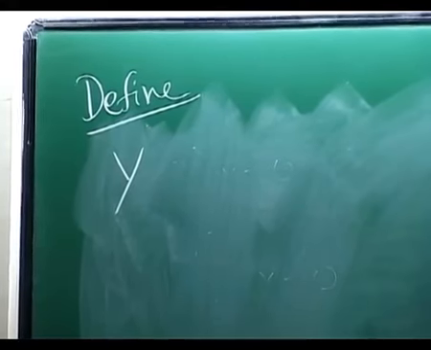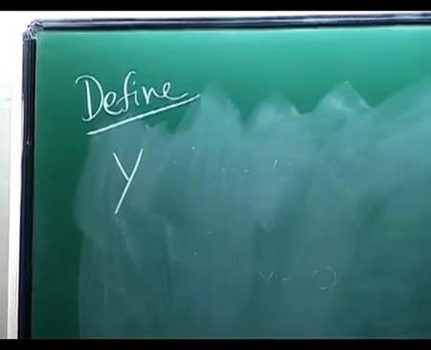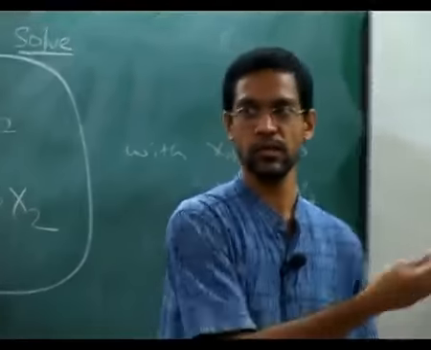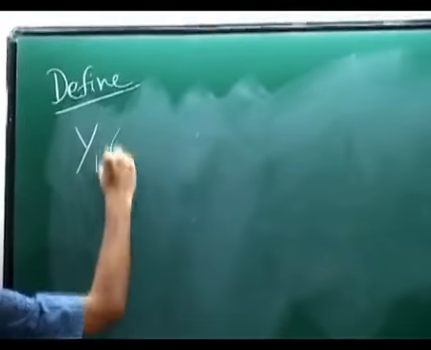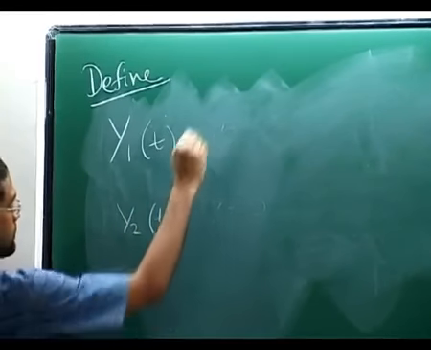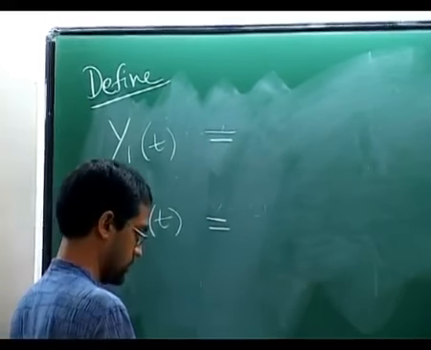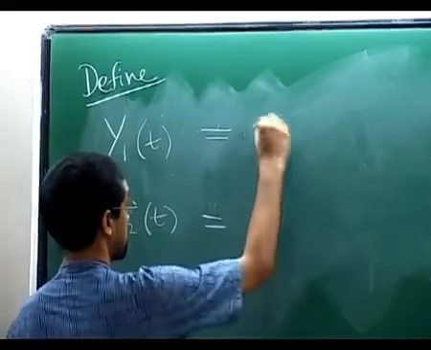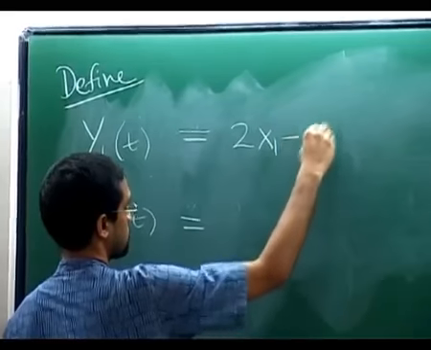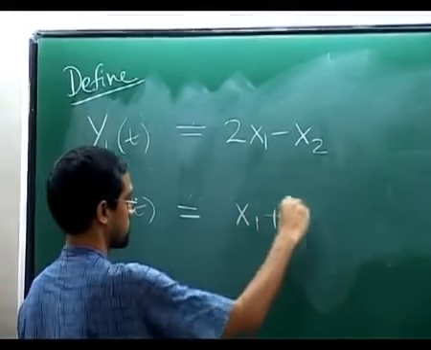Let's change variables. I had my two unknown functions x1 of t and x2 of t. Instead, we will define two other functions called y1 of t and y2 of t. Y1 is 2x1 minus x2, and y2 is x1 plus x2.